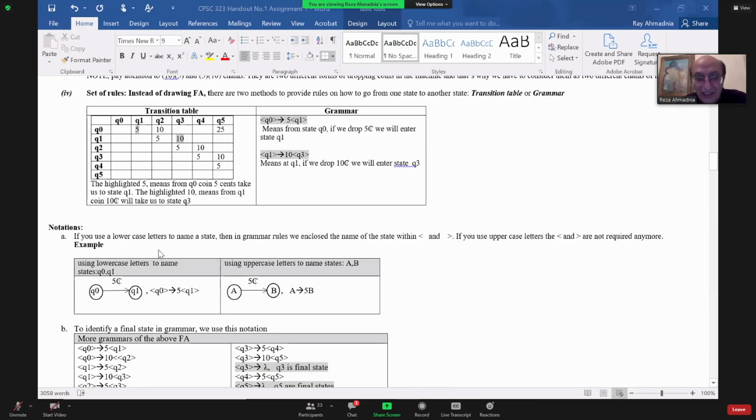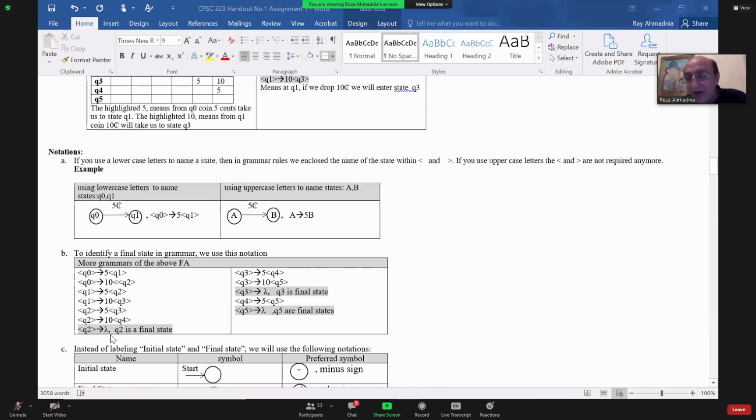I write it like this: Q2 goes to lambda, meaning Q2 is a final state. At Q3, I can stop, so Q3 is a final state. At Q5, I can stop, so Q5 is a final state. So in a grammar, if from a state you go to lambda without dropping any coin, that state is a final state.